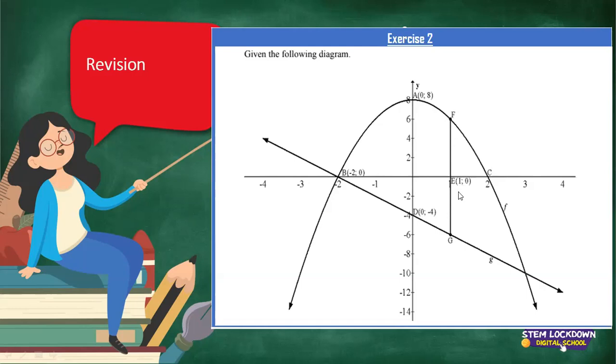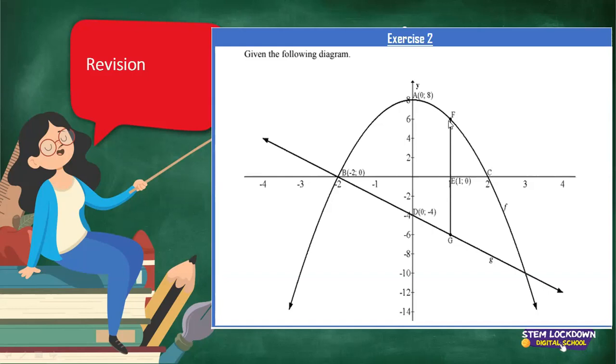You can use the equation. At point F, our X is what? 1, because the straight line is not skewed, it's not bending. That means the line passes through X here, which is 1. So the X at point F is 1, and the X at point G will also be 1. So if X is 1, what is Y?